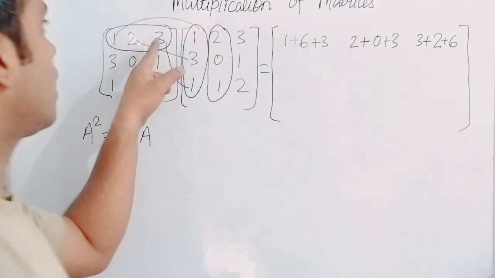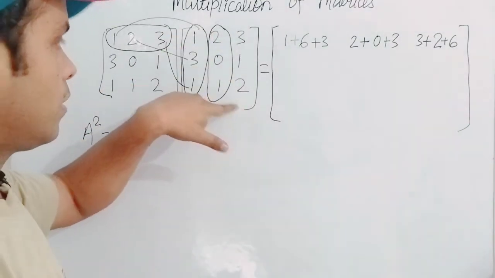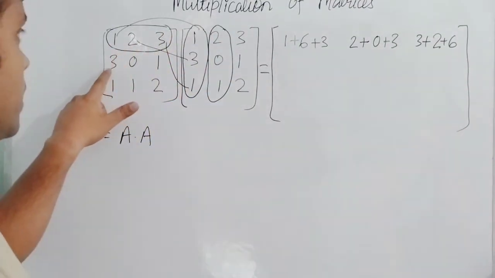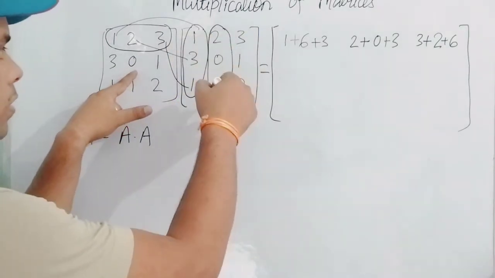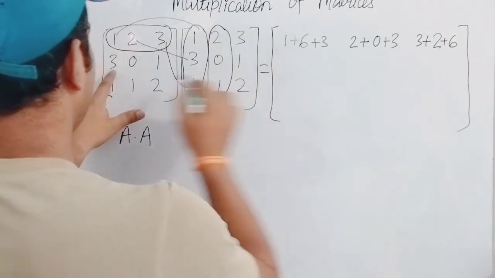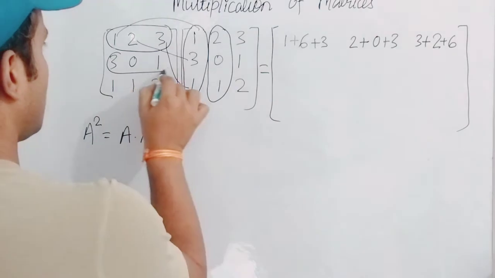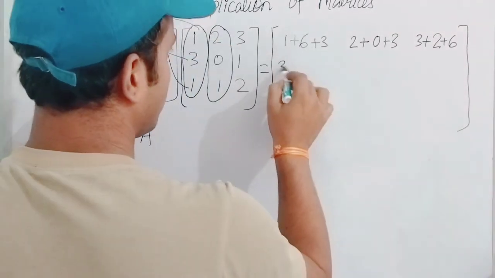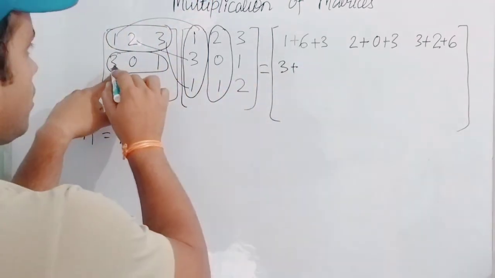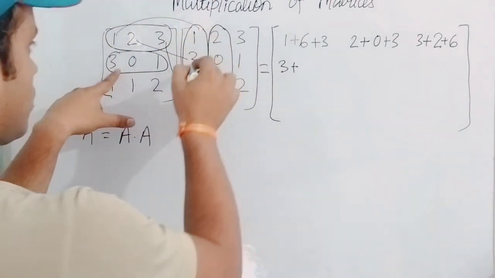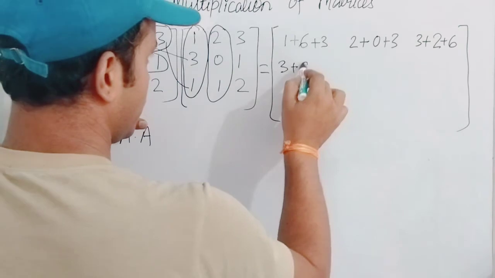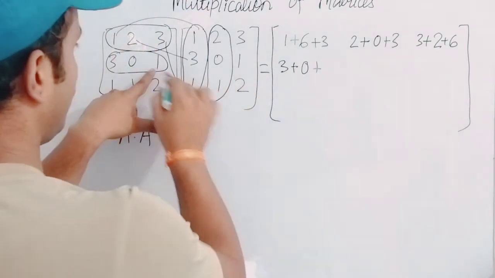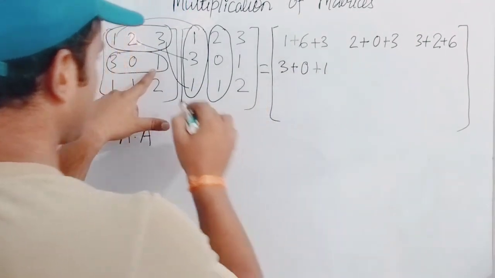Now we have multiplied R1 with all the columns. Now row changes, we multiply second row with all the columns, so we write the result in second row. So we multiply R2 with C1, 3 into 1. We multiply first element of this row with first element of this column. 0 into 3 is 0 and 1 into 1 is 1.